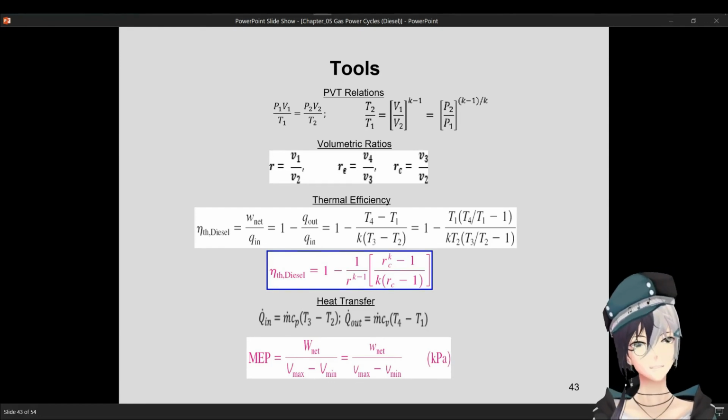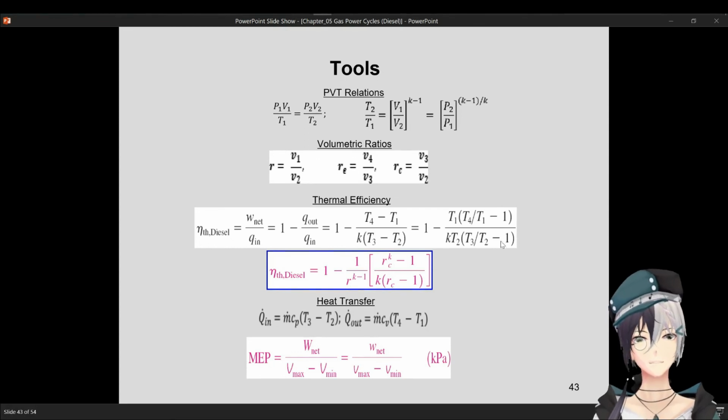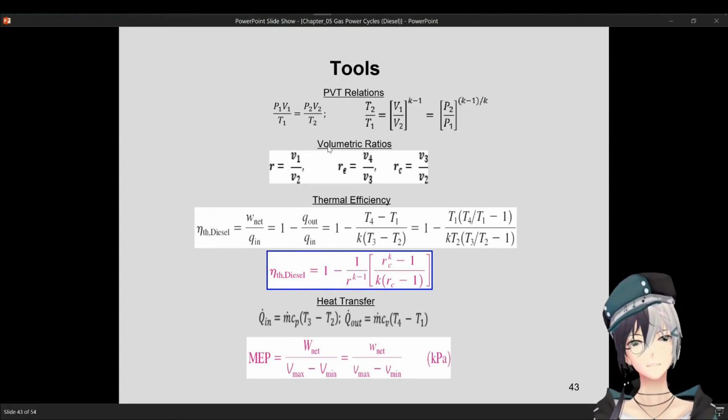So as I've said, how to get R sub C? You need to use the volumetric ratios. So R is given, but R sub C is not given. So you need to solve for volume 2 and volume 3, or specific volume. In this case, specific volume.